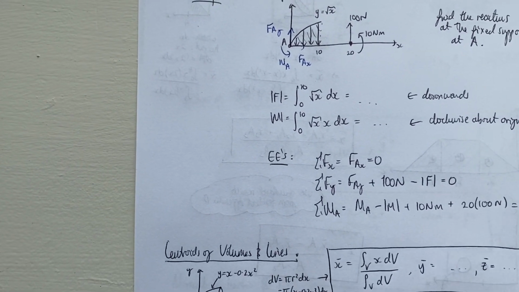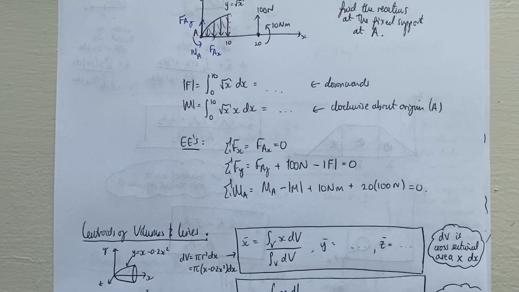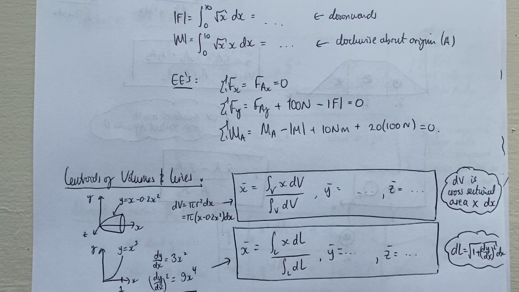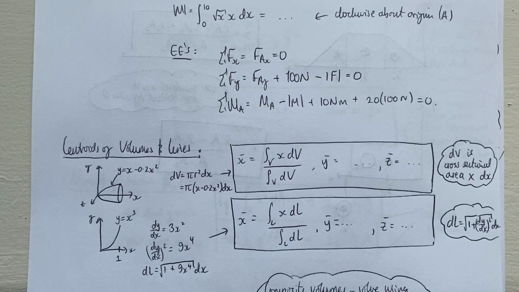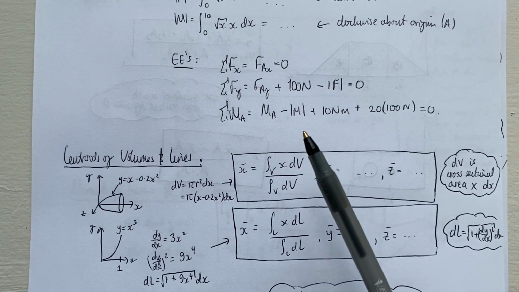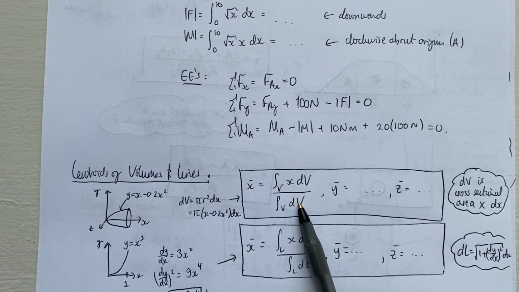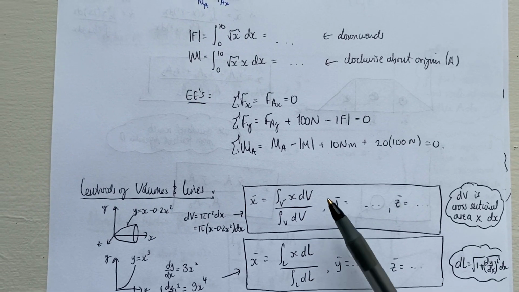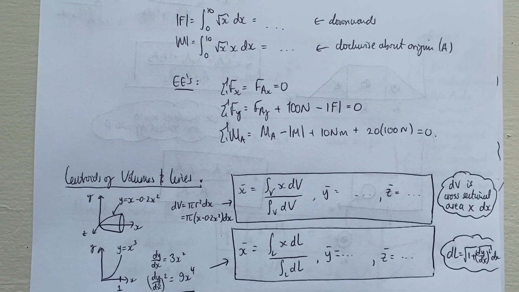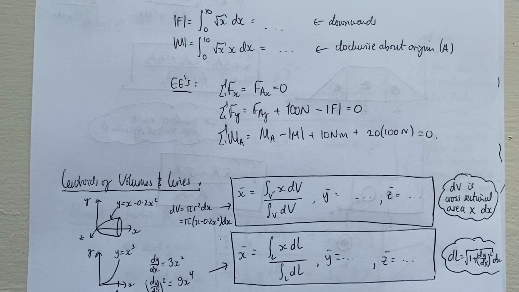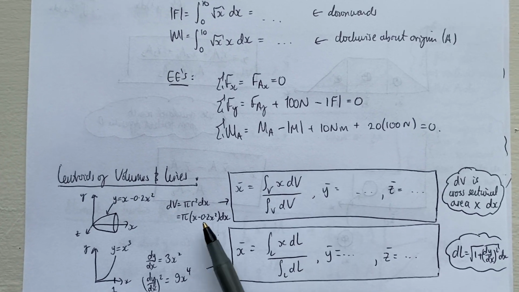Then we've moved on to look at centroids of volumes and lines. So similar kind of technique to working out centroids of areas. The formulas are very similar, but this time we've got dVs in here instead of dAs. So remember when we said the dAs were just the areas of the little strips of width dx? Well, these are the volumes of the little strips dx now, because we're working in 3 dimensions.